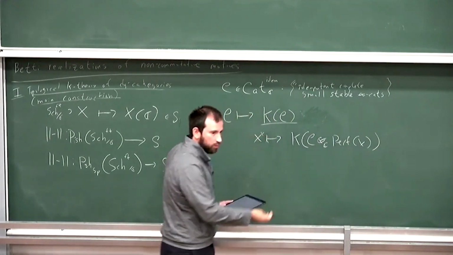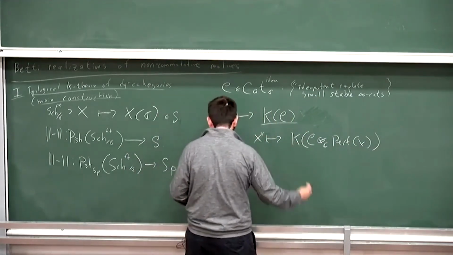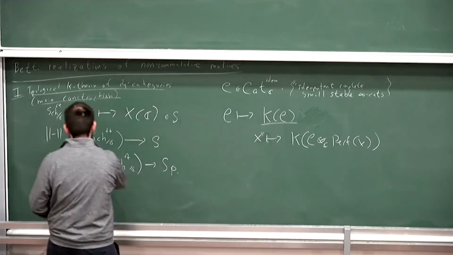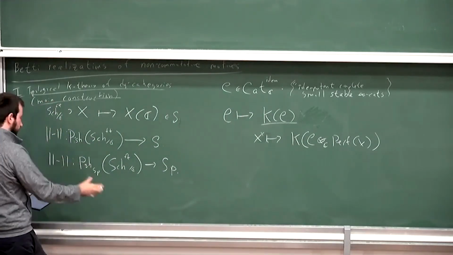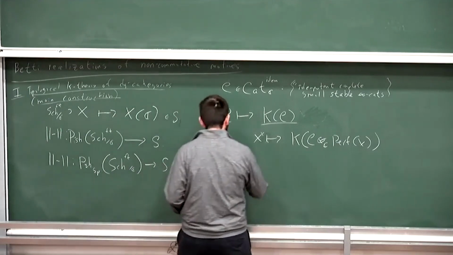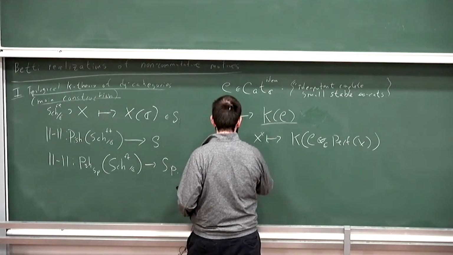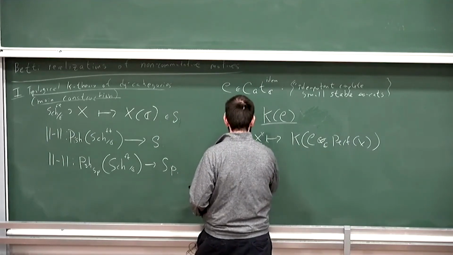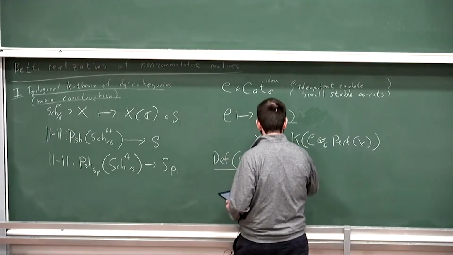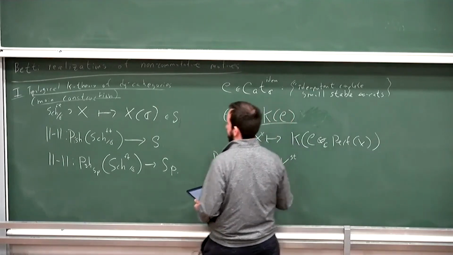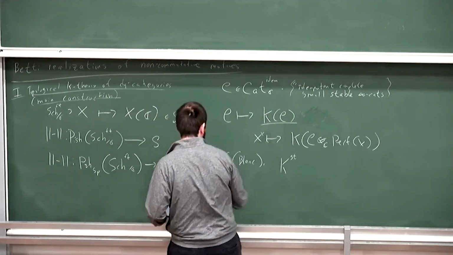This is a perfectly reasonable presheaf of spectra. That's the K-theory presheaf. And it's an object here, so you can hit it with this realization functor. And this will be the definition, essentially due to Anthony Blanc, of semi-topological K-theory. So this is the first step to defining this invariant.